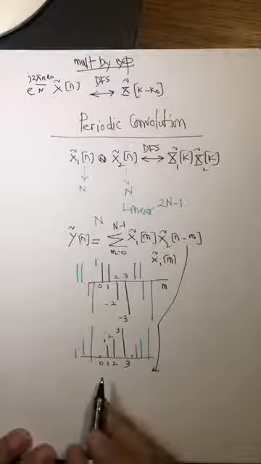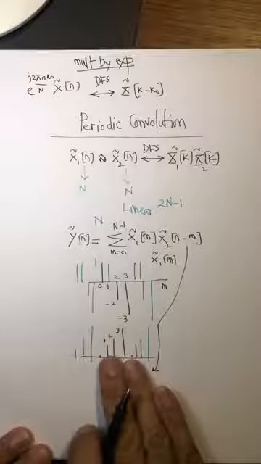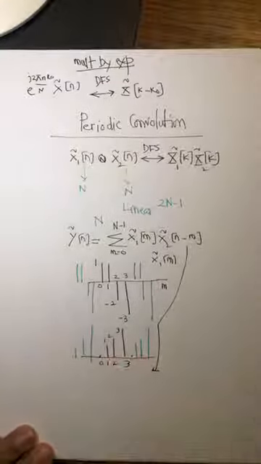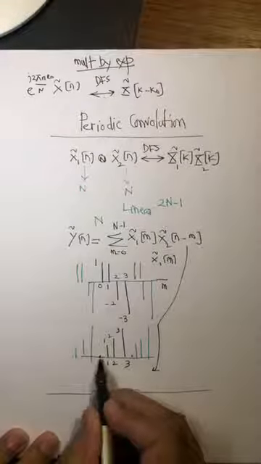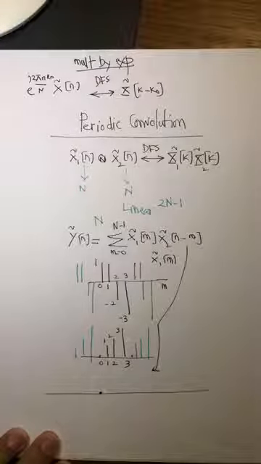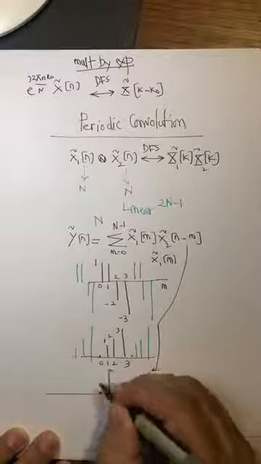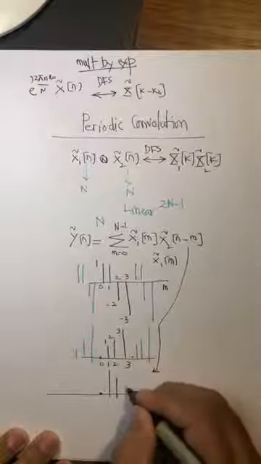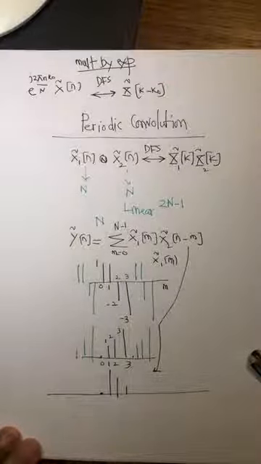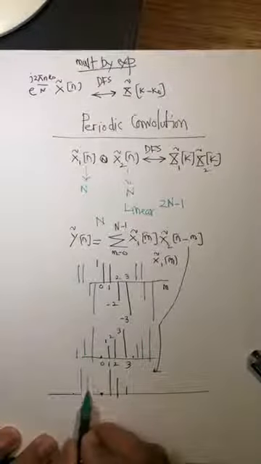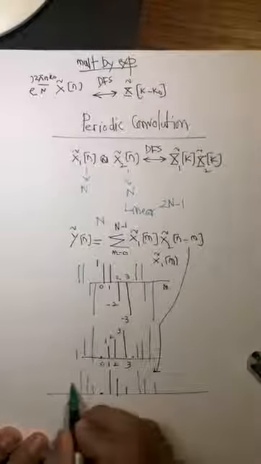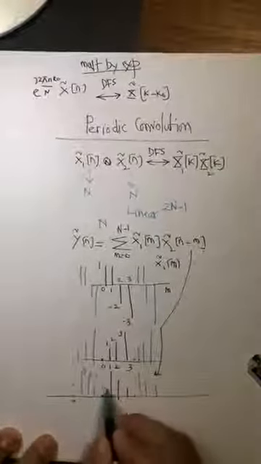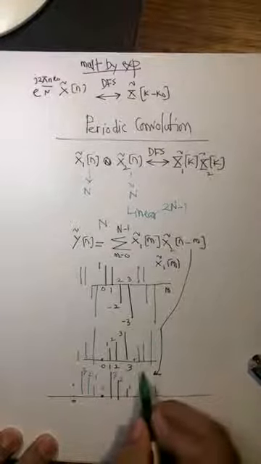If you flip this circularly, these three samples will come on this side and these three samples will go on the other side. So this will remain here at 0, but this sample will come here, this sample will go here. So now this is the new periodic signal, 0 3 2 1, repeating.